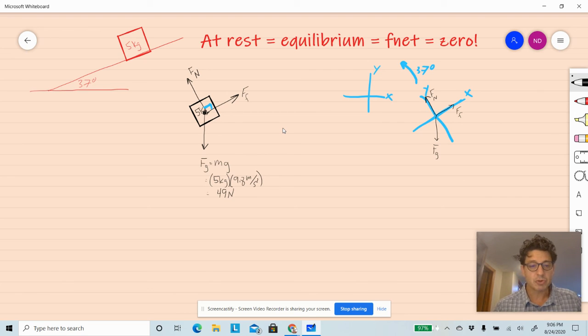Doing a little bit of basic geometry with some things here. If this angle is 37 degrees, right? If we were to extend this down to the ground, if that angle is 37 degrees, that's 90. You can figure out what that angle is.